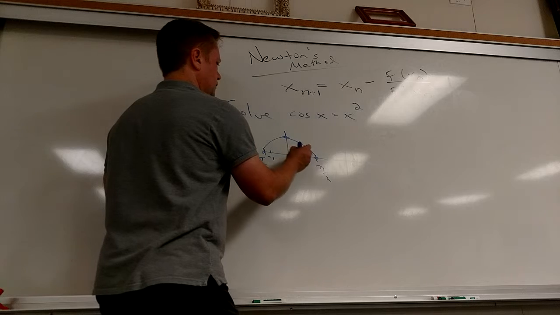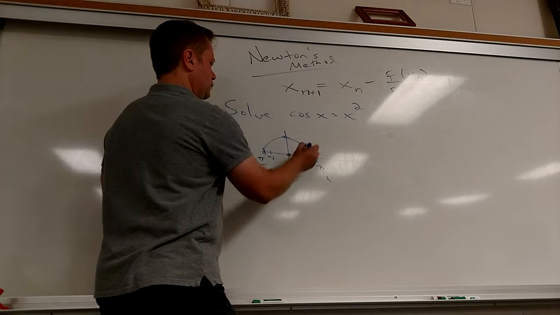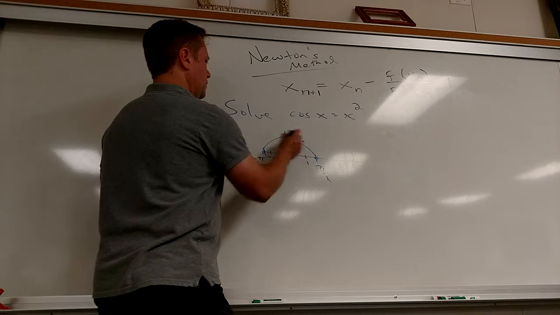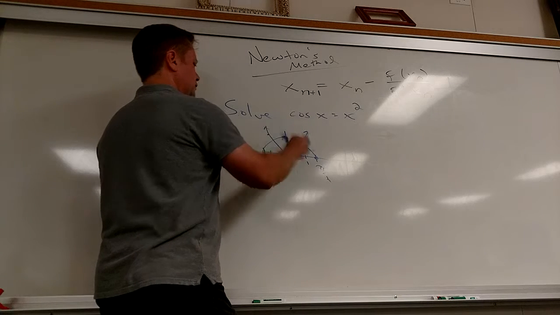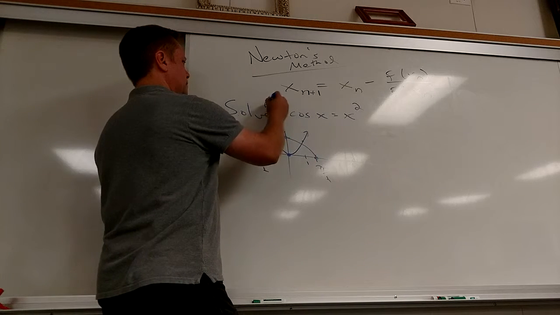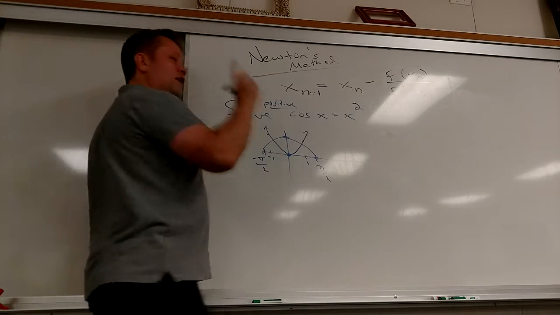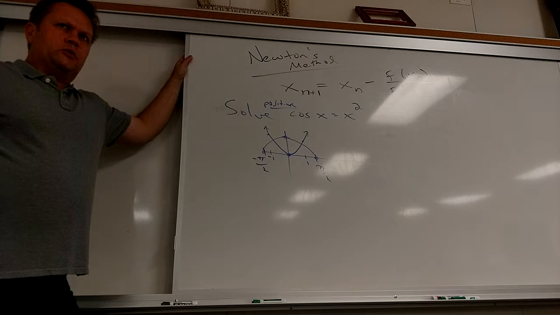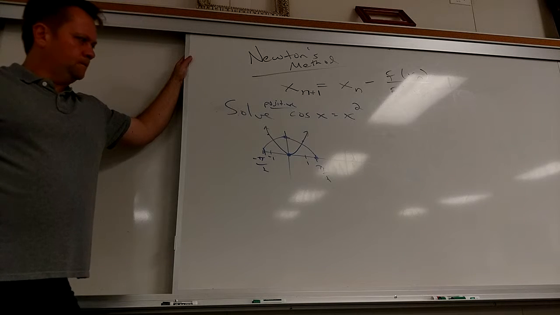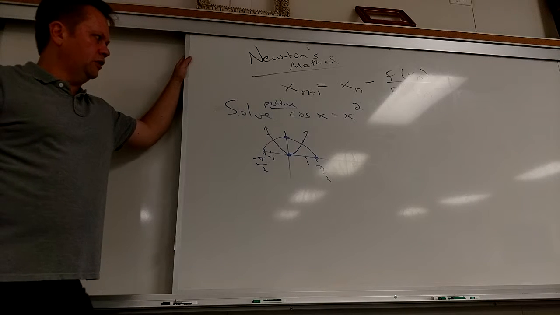So here's 1, this is 1, so my x squared is going to go through that point. So what would be my guess? Let's just focus on this guy. Maybe I'll say the positive. I'm going to ask you to find one solution. I'm not going to ask you to do this for multiple solutions. Okay, stay with me now. What would be a good first guess then?